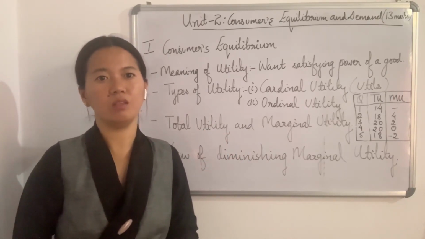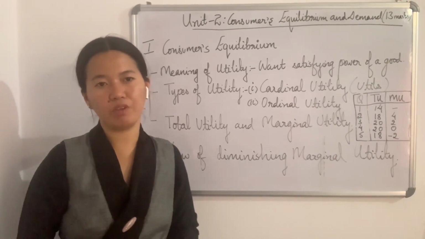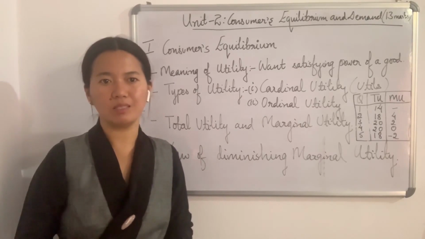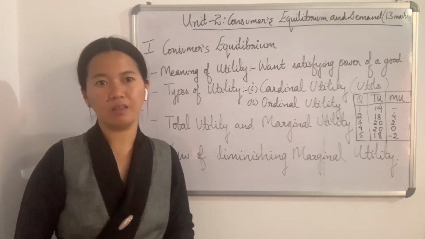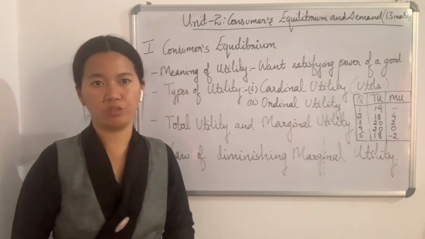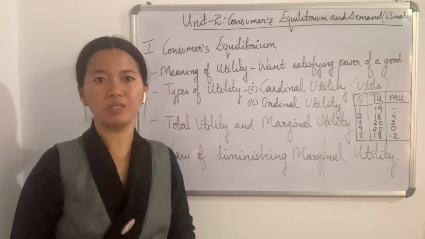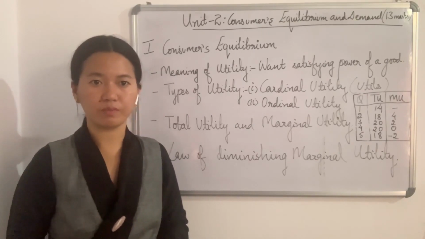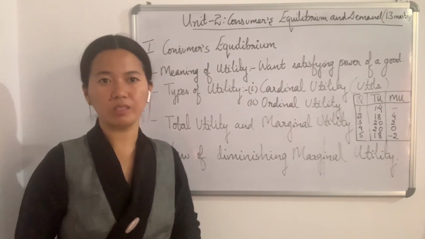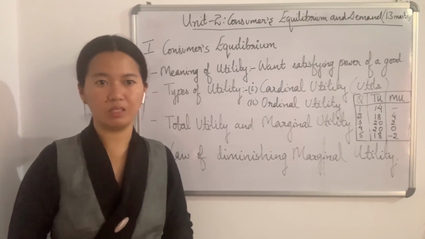It happens in all goods and services. If you keep on using any goods and services continuously, then your satisfaction for using them will fall. That is why this law is also called the psychological law of satisfaction.